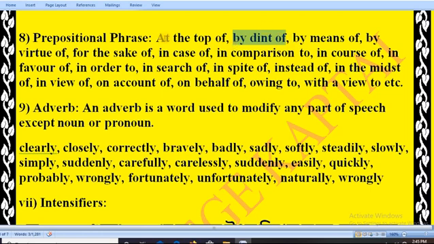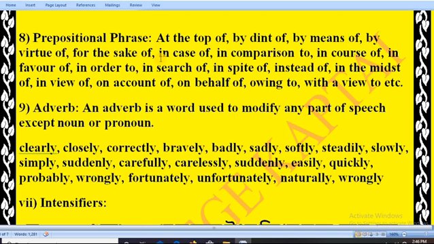At the time of সময়ে, by dint of বলে বা জন্যে, by means of উপায়ে, by virtue of গুণে, for the sake of খাতিরে. Like this way you have to memorize these prepositional phrases, because without learning phrases, without learning verbs, and without memorizing appropriate prepositions, you will always be poor in English grammar.